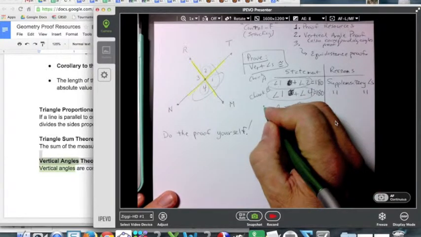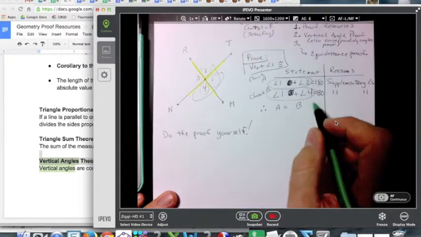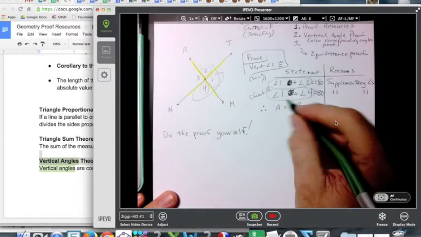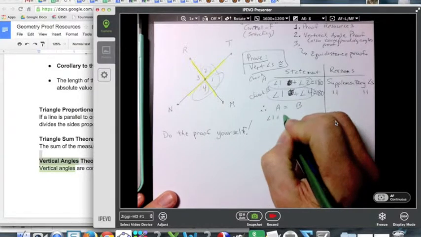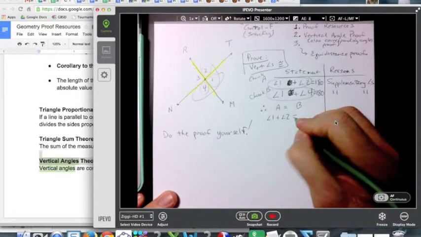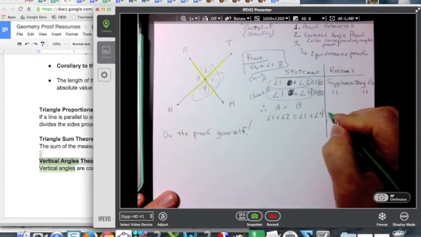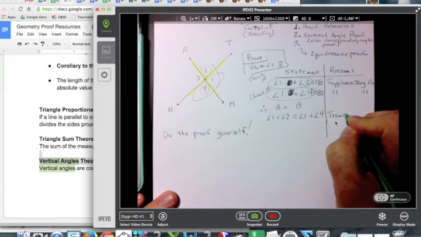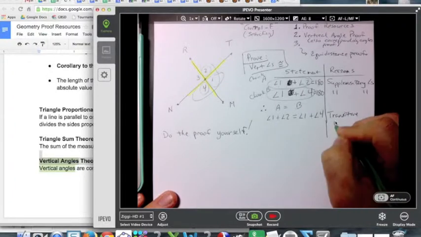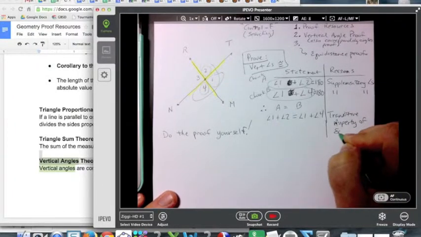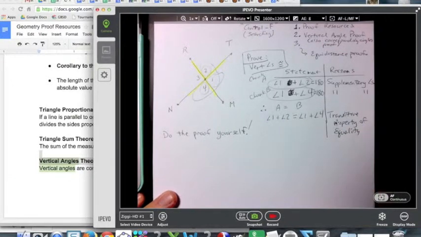That's a therefore symbol. You don't need to put all this in the proof, it's just explaining how this works. So 1 plus 2, chunk A, has to equal 1 plus angle 4. This is called the transitive property of equality.